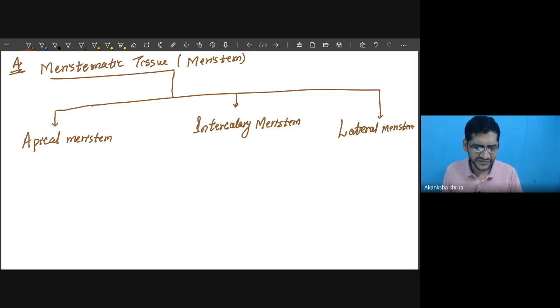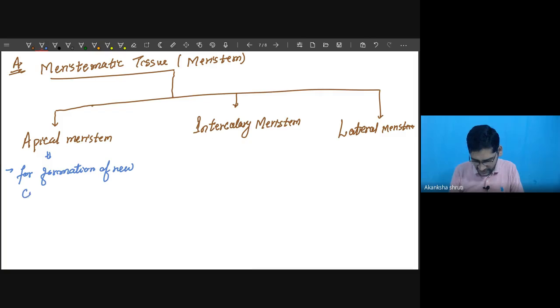Students, this apical meristem is for faster growth, or formation of new cells for the growth.